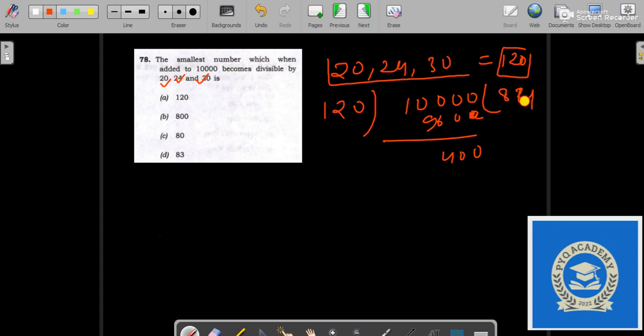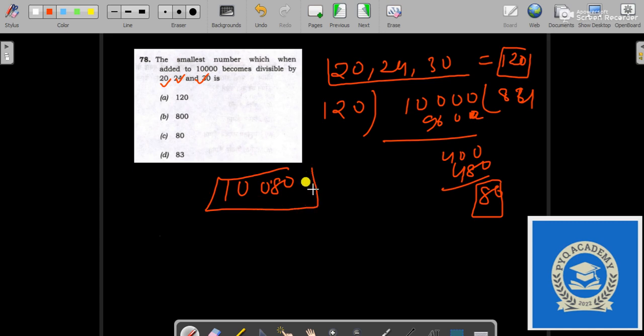So let's take 84 times, which is 10,080. So 10,000 is 80 less than a number completely divisible by 120. So if the number would be 10,080, it would be completely divisible by 20, 24 and 30. So our answer is option C, 80.